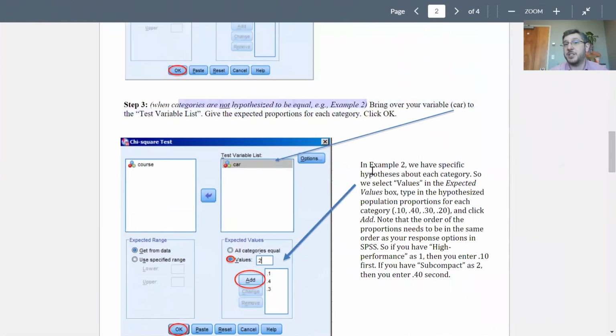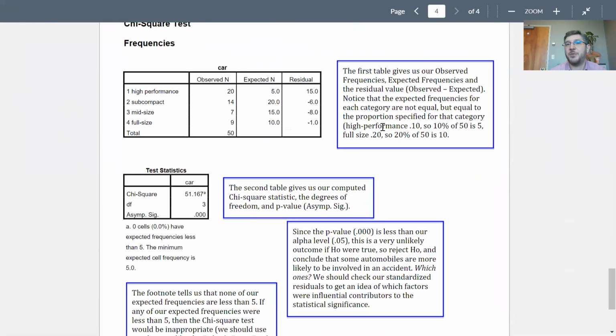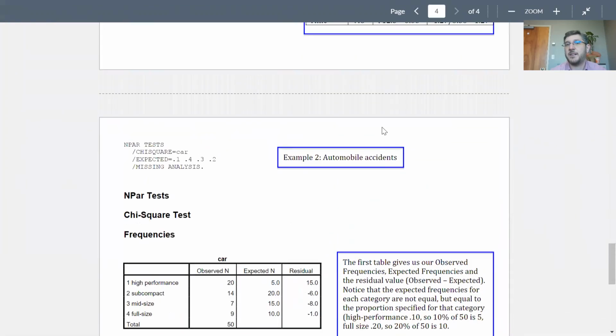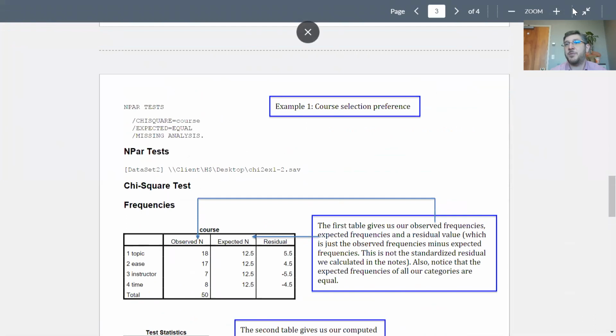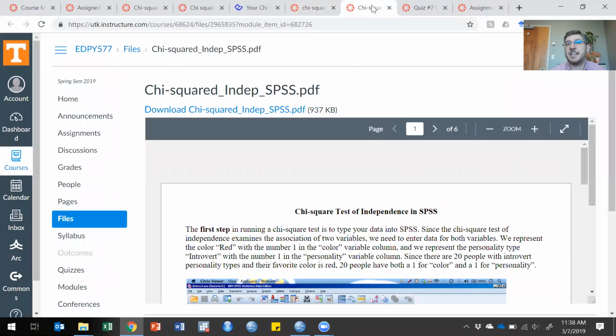So notice the difference between that. In the notes, I work through all the examples by hand, and then in this, I'll show you how to work through the same examples using SPSS. So there you can see how we then interpret the output. So that's the goodness of fit test.